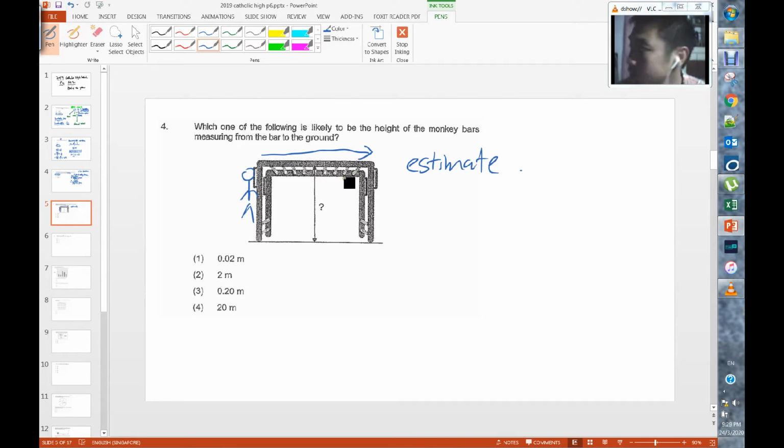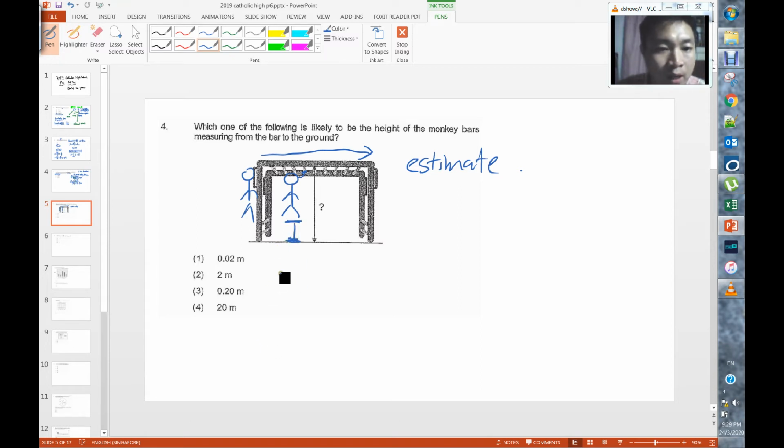If the person is hanging, grabbing the bars here and is hanging in the air, the person should have some gaps before his legs can touch the ground.